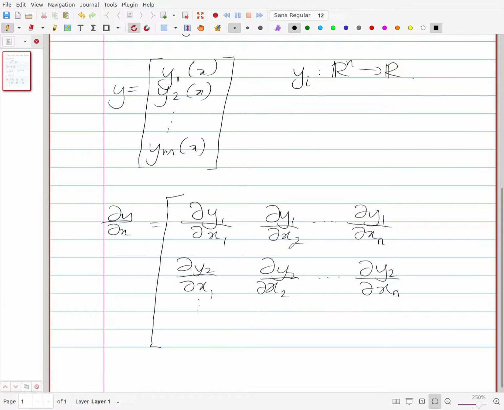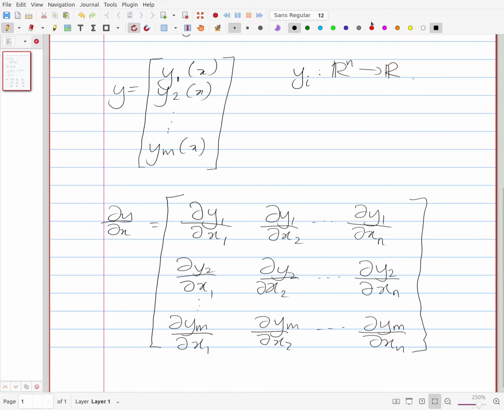We'll keep doing this, and our last row in the matrix will be the partial of ym with respect to each of the components of x, like so. So this is the definition of the Jacobian matrix.